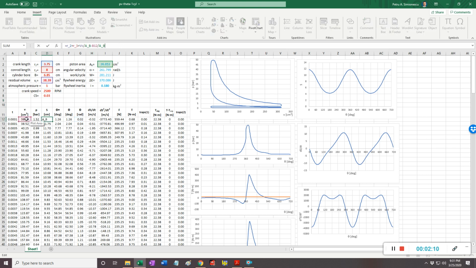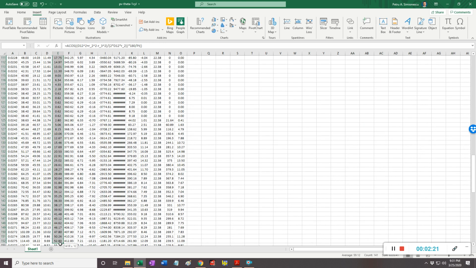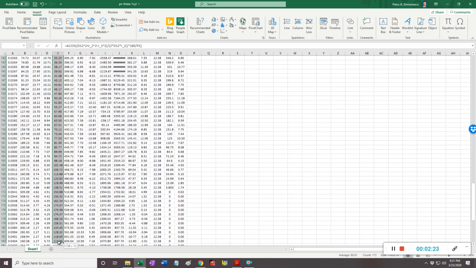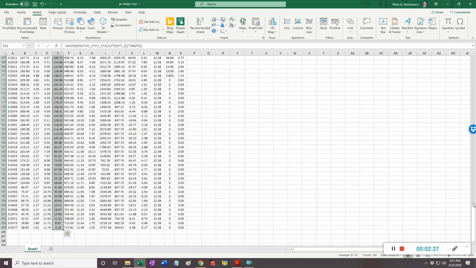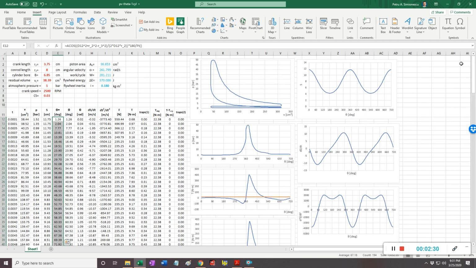S is a function of V, equation from the notes. Theta is a function of S, equation from the notes with the R cosine. The problem is R cosine returns values between 0 and 180.